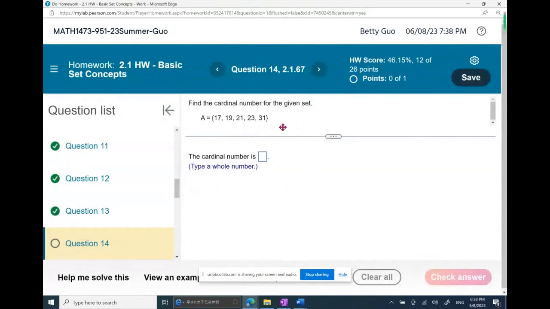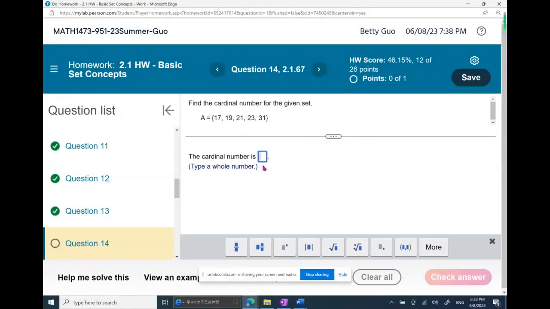Find the cardinal number for the given set. Anyone can tell me what's the definition of the cardinal number of a set? If you know, you know.